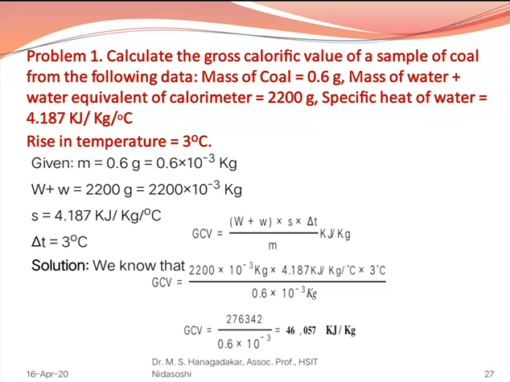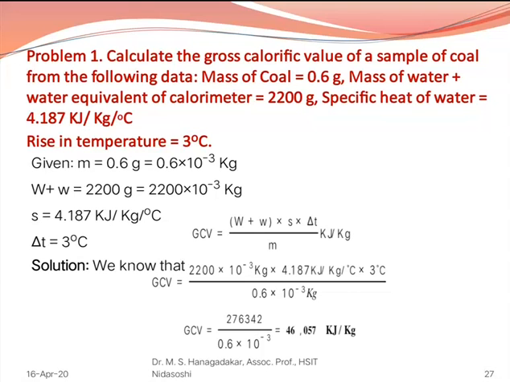GCV is equal to capital W plus small w, whose value is 2200 into 10 raised to minus 3 kg, into specific heat of water 4.187 kilojoules per kg per degree Celsius, multiplied by change in temperature, which is 3 degrees Celsius. The whole product is divided by 0.6 into 10 raised to minus 3 kg.